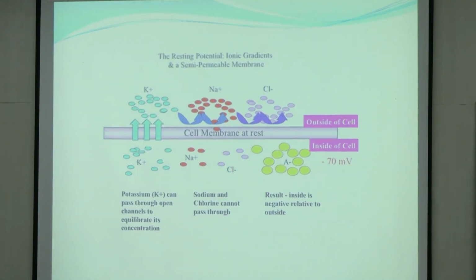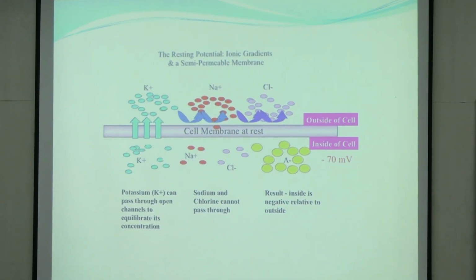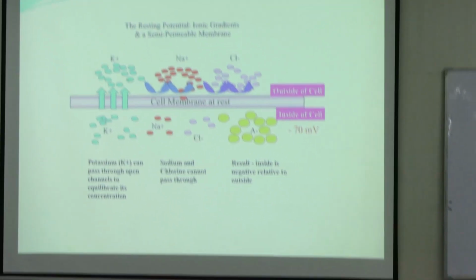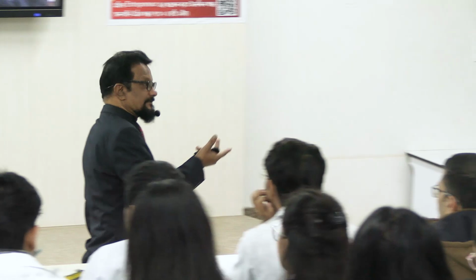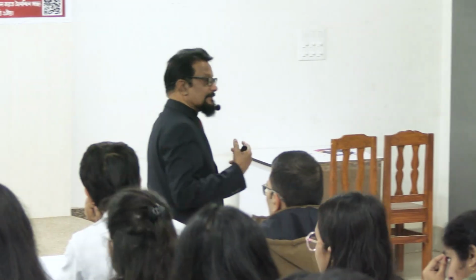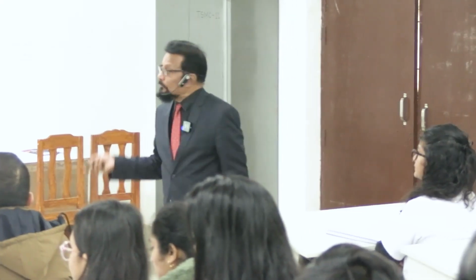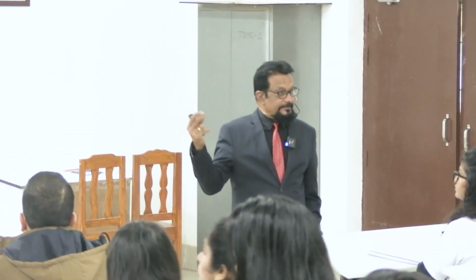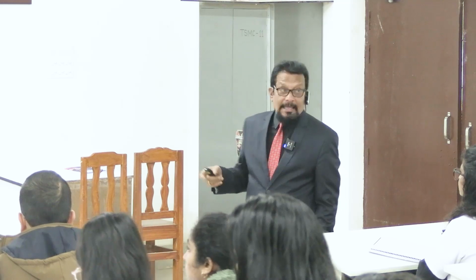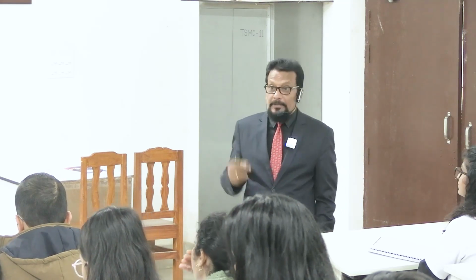Now see, while we have studied the resting membrane potential, we have seen sodium ions' concentration is more outside the cell membrane, inside it is less, whereas the potassium ion, inside it is more, outside it is less, and chloride ion is outside more, inside less.